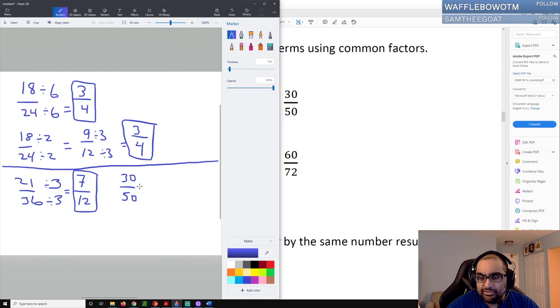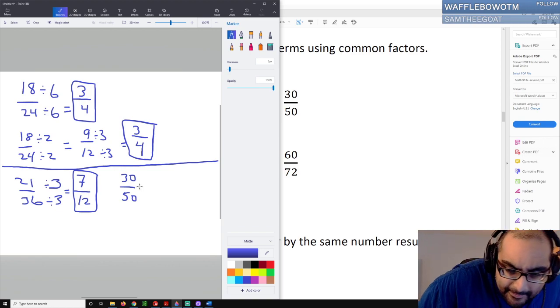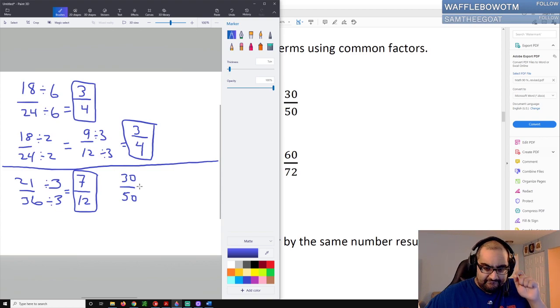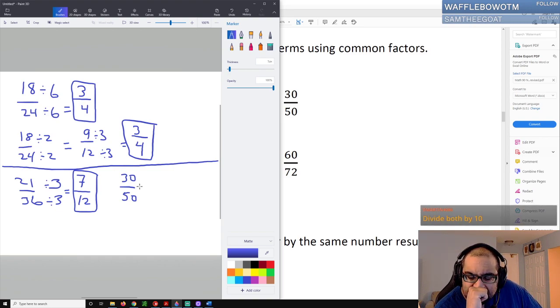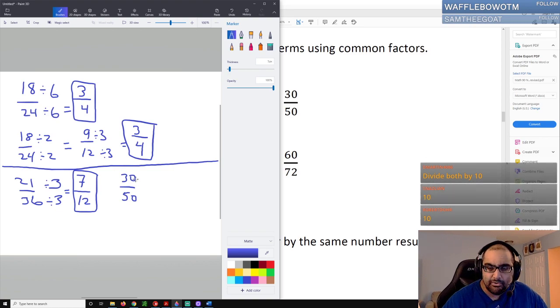How about 30 over 50? What can we reduce that by? Divide both by 10. Good.